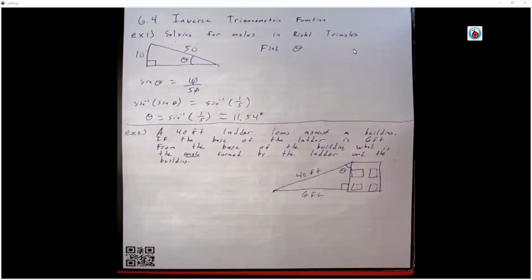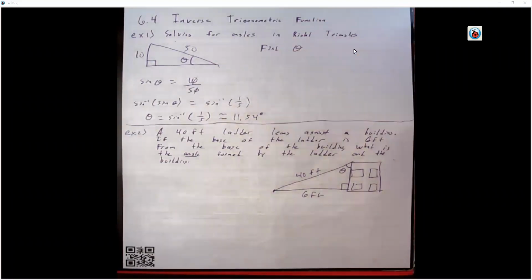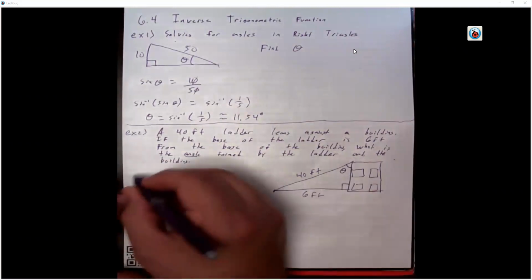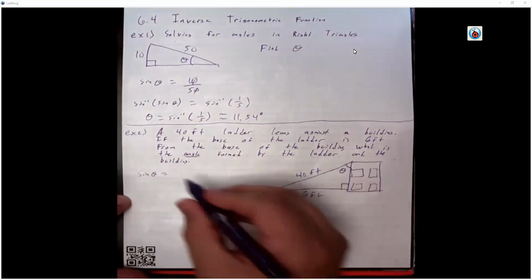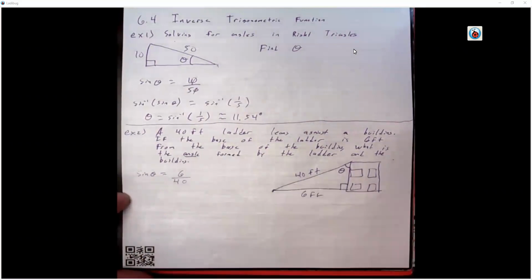So now that we have our angle, use a trig function, and then use this inverse idea to solve for theta. Opposite is over here, hypotenuse is up there, so we should use the sine. So sine theta is opposite over hypotenuse.